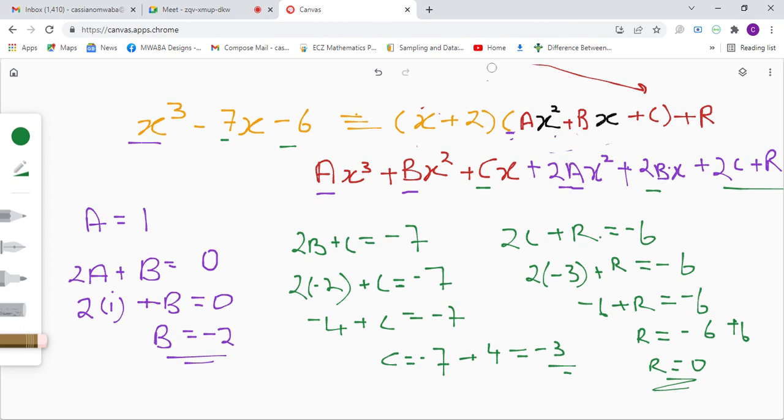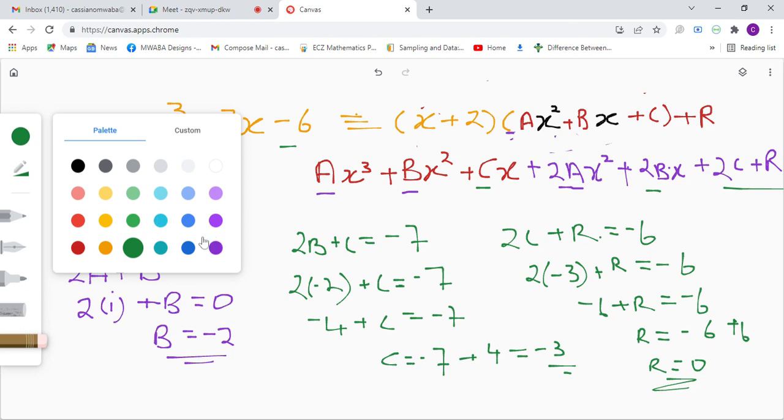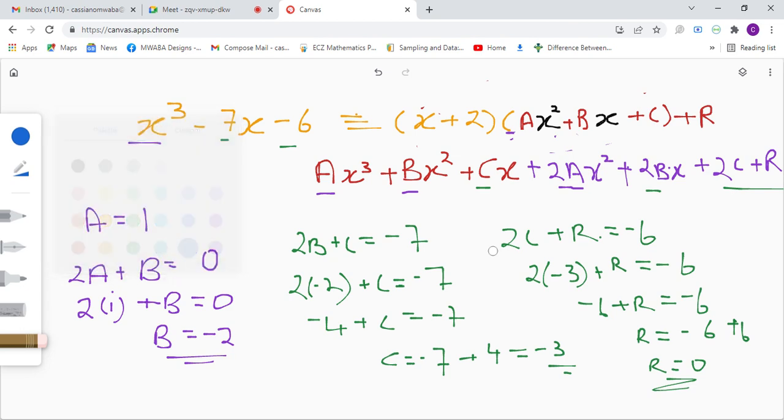The value of a is 1, so it will be x squared.